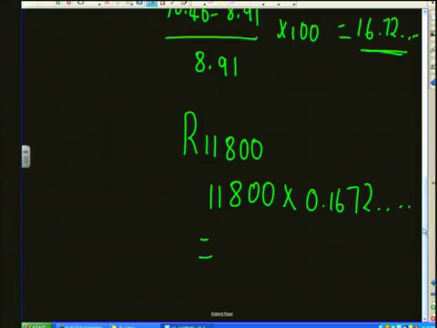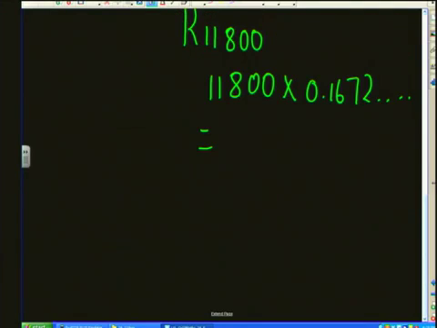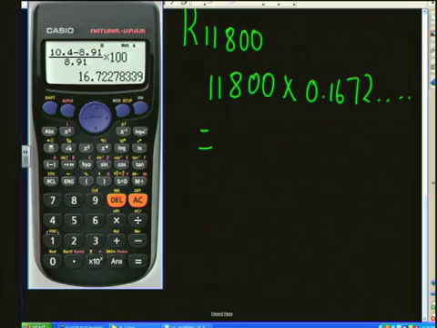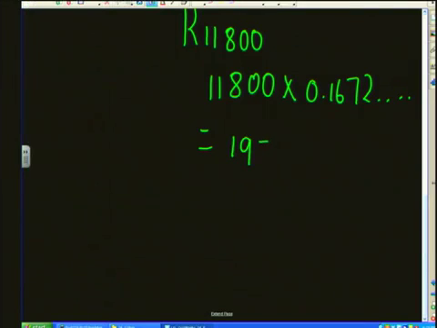I want to see how much more in rand terms am I paying for this laptop. So we take that, we times it by 11,800, and we see it's 1,973 rand and 28 cents more.